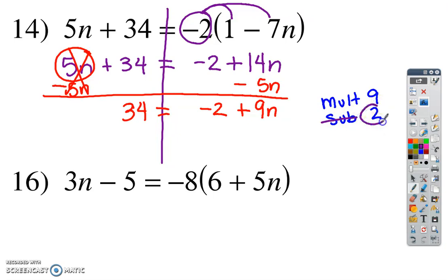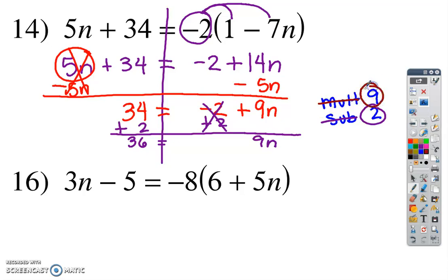You're going to add 2 to both sides. So that gives you 36 equals 9n. And divide by 9 on both sides. So what's 36 divided by 9? 4.